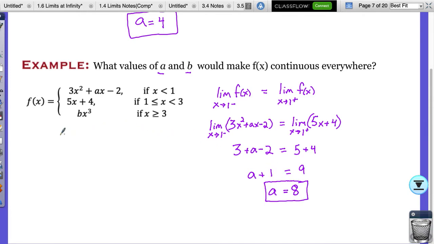And then the b part, to find out what the b is, you would need to find the limit as x approaches 3 from the left, which is the 5x plus 4 part. And you need that to be the same thing as the limit as x approaches 3 from the right, which is the bx to the third part.